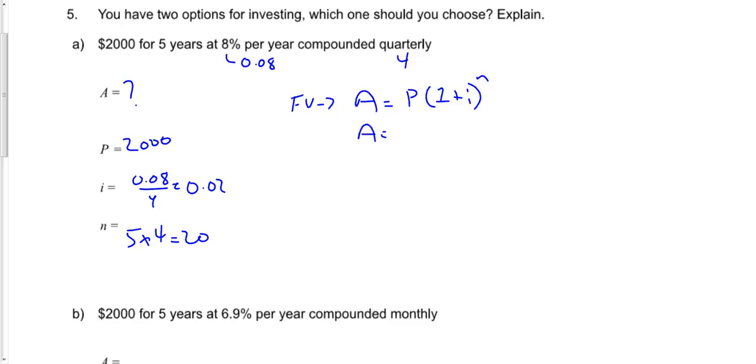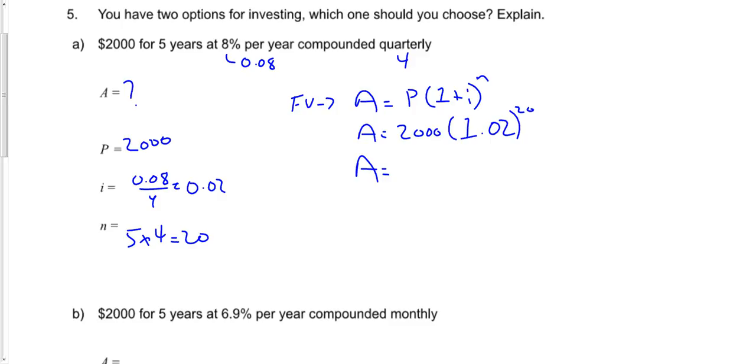So my P value, my present value, my principal, is $2,000. i is 1.02, and then my n value is going to be 20. So my final amount, if I take option A, is going to be 1.02 to the exponent 20 times 2,000.